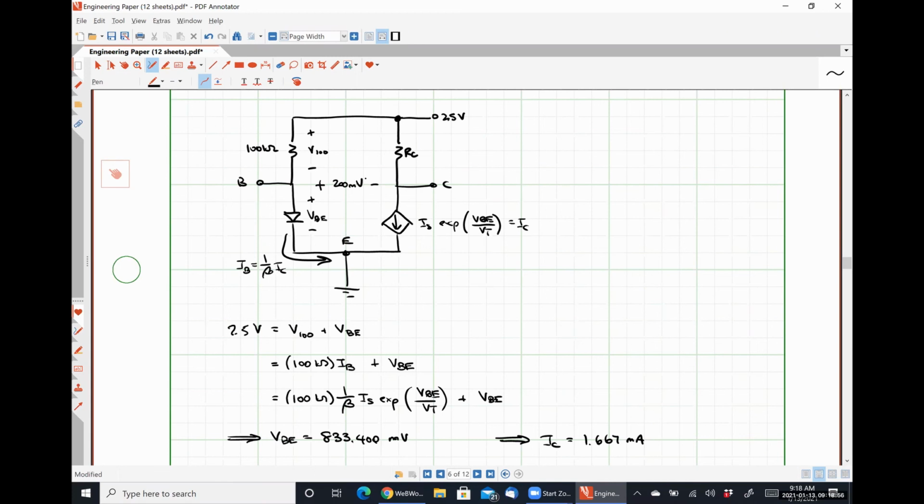Because that's the situation that I'm trying to figure out what RC value gives me that. And then anything smaller than that should be okay. Anything larger than that will make VBC greater. So putting a base collector voltage of 200 millivolts there, how could I now solve for RC?